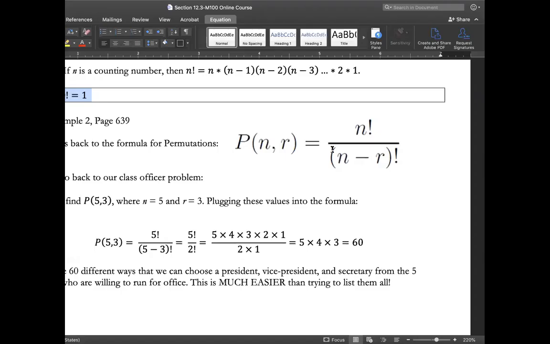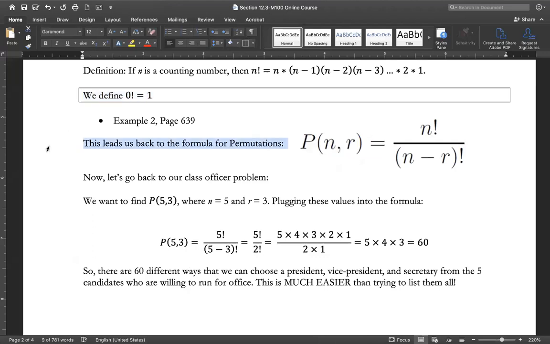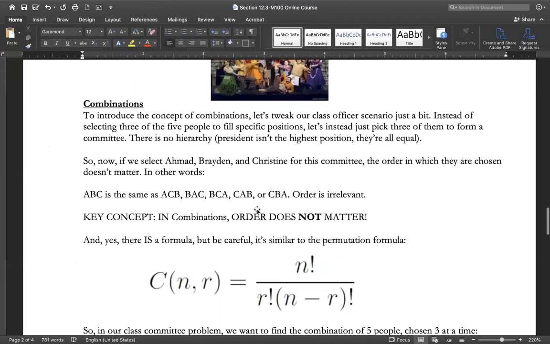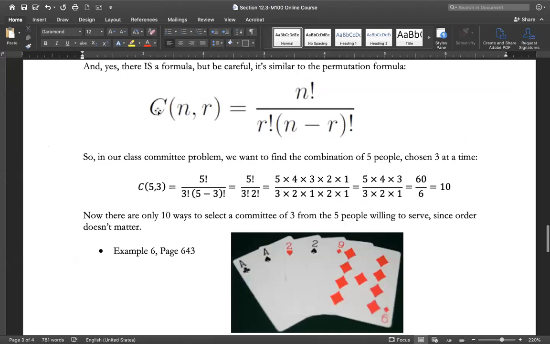And here is the formula for permutations. Now, this is the notation that you're going to see. This textbook uses P parentheses n, r. Because it's the letter P, that identifies it as a permutation. When we get to combinations later on, there's a similar formula with a C for combinations. It's actually slightly different.